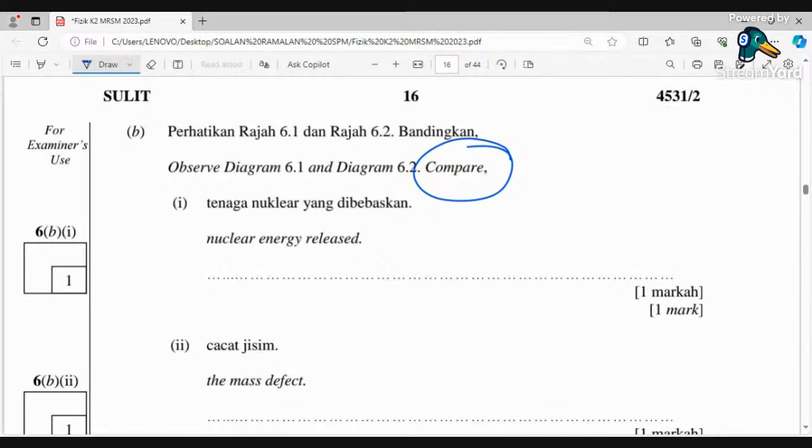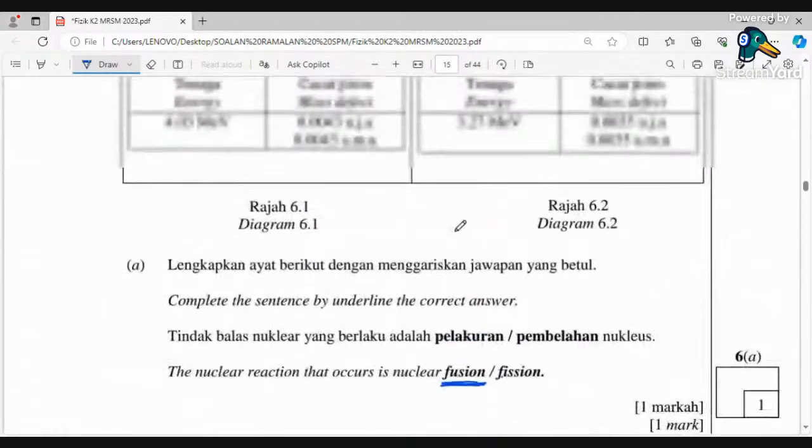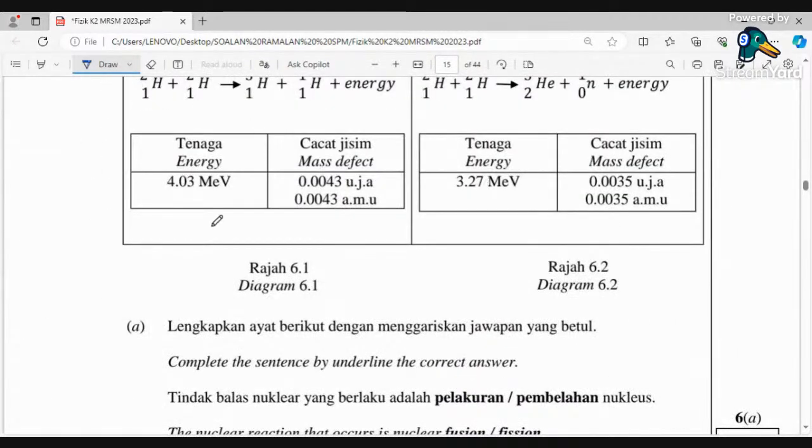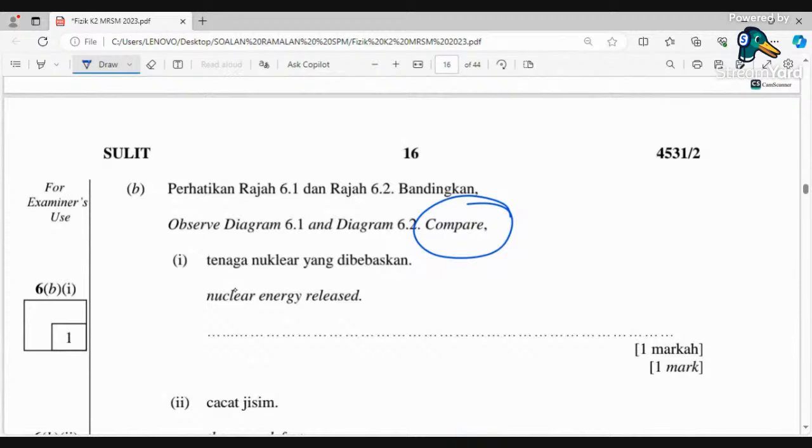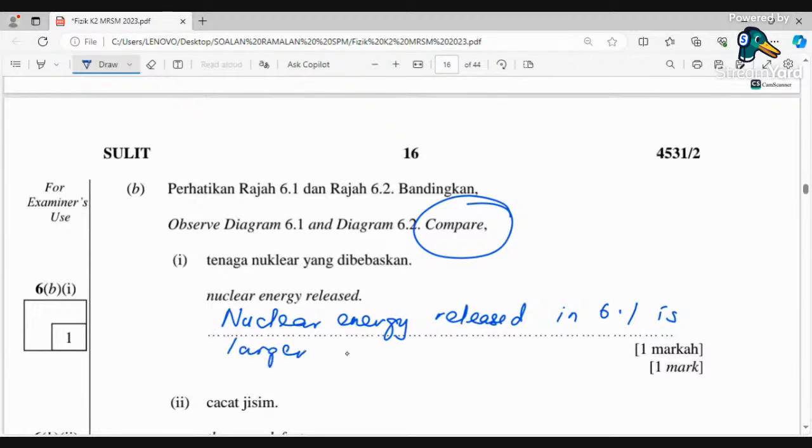Look here. Okay, this is 4.03, this is 3.27, this is 6.1. Okay, nuclear energy release in 6.1 is larger than in 6.2.